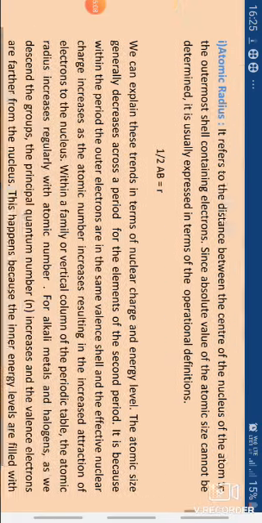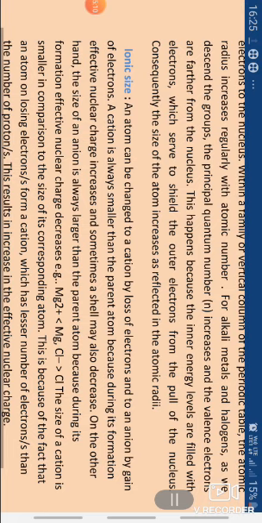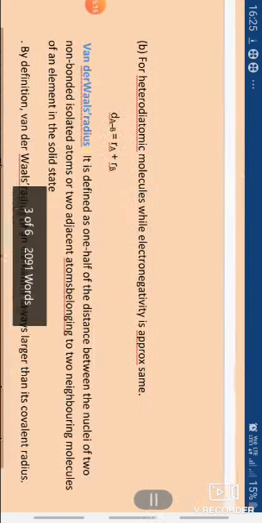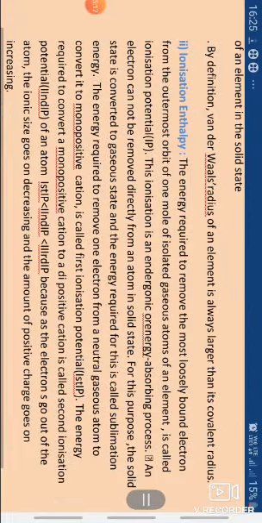After completion of the atomic radius chapter, we will see the next property, the ionization enthalpy. This is the second periodic property of the elements. What is meant by ionization enthalpy?